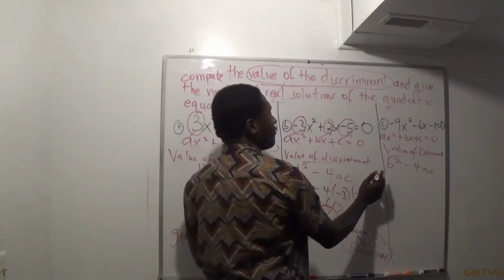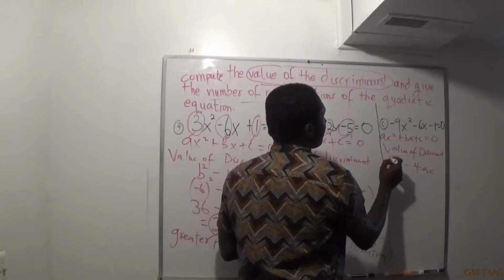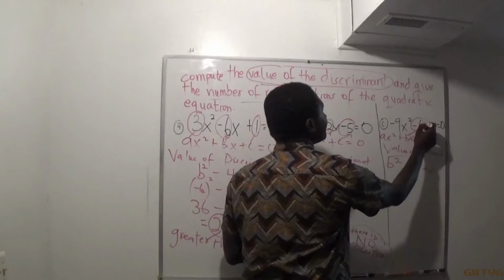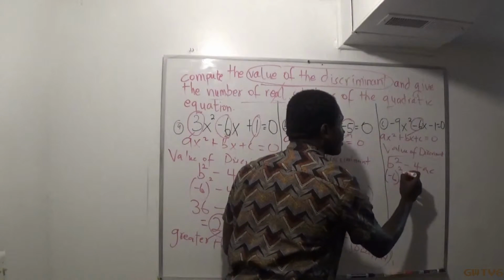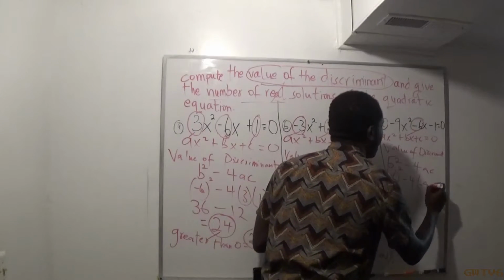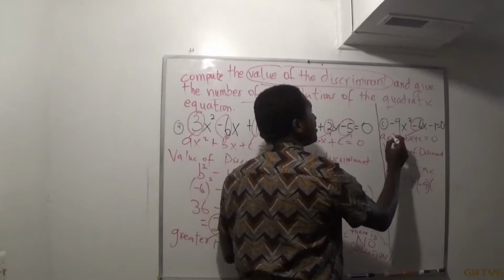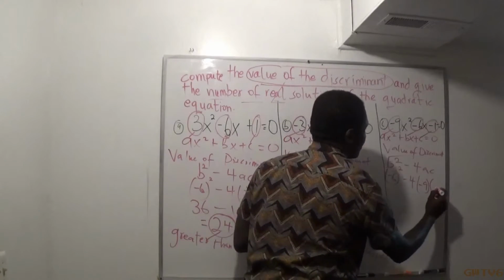And I'm just going to plug in the values for b, a, and c. My b is negative 6. So I have negative 6 squared minus 4. My a is negative 9. My c is negative 1.